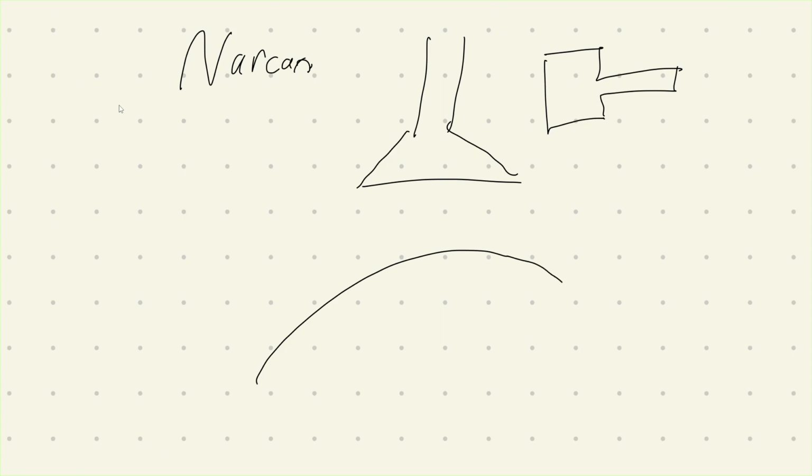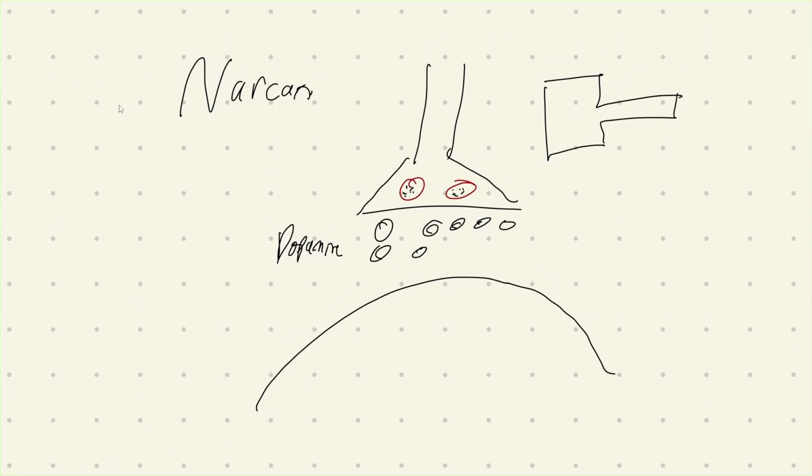So we're going to have dopamine here, the synaptic vesicles, and the postsynaptic neuron. So we're going to do what opioids do, right? It's going to block this, so then this will continue sending a lot of dopamine, right?